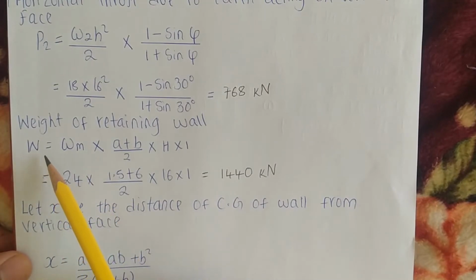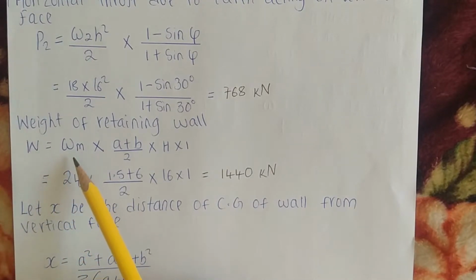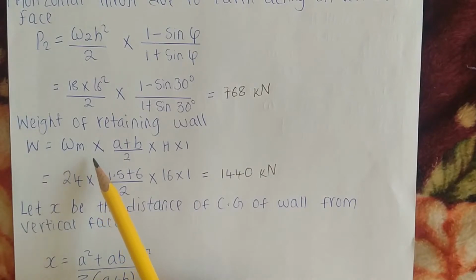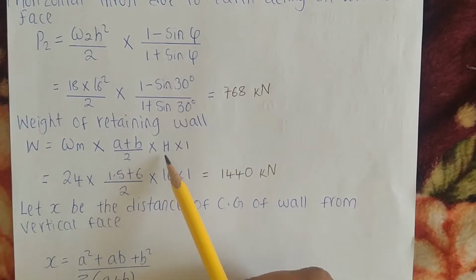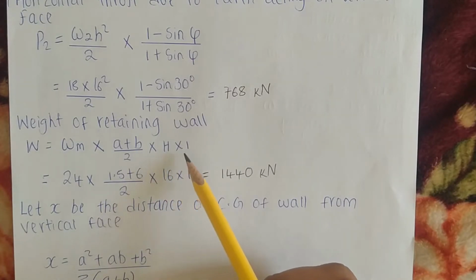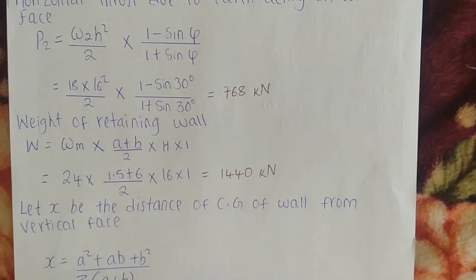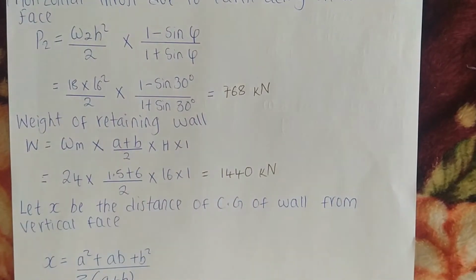Then we shall calculate the weight of the retaining wall. The weight of the retaining wall is equal to the unit weight of the masonry multiplied by (A plus B) all over 2, multiplied by the height of the retaining wall, multiplied by 1. We are using 1 because we are considering a 1 meter length.